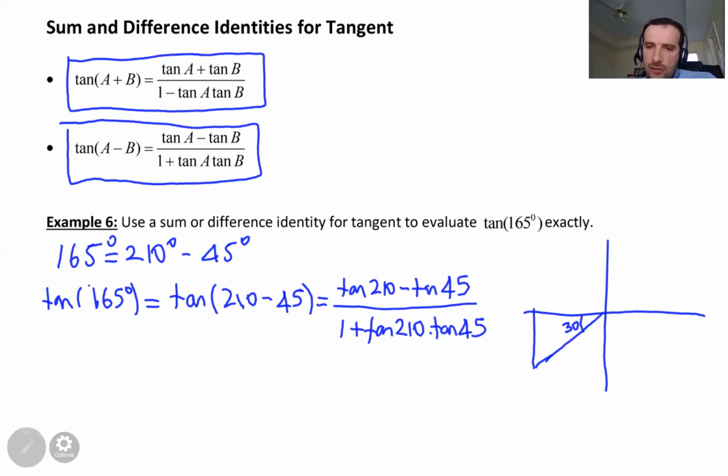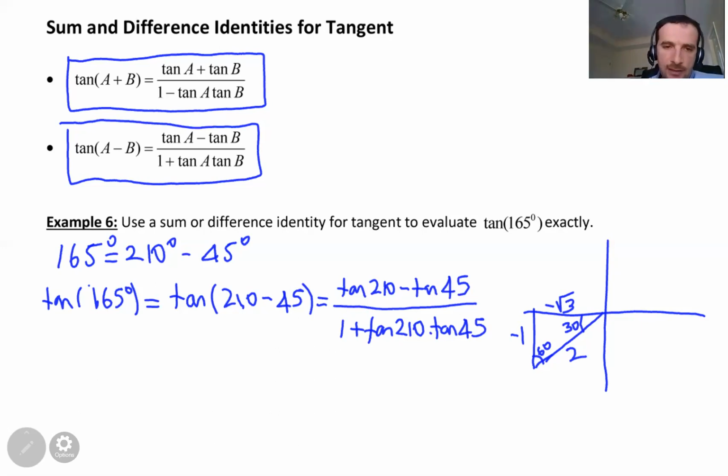So sides will be negative. So it is negative 1 here, negative root 3 here. Right, this is our special triangle. Let me also include 60 here. And the hypotenuse is always positive, so it is 2. Okay? So tangent 210, so tangent of this angle, tangent is opposite over adjacent, right? So 1 over root 3.